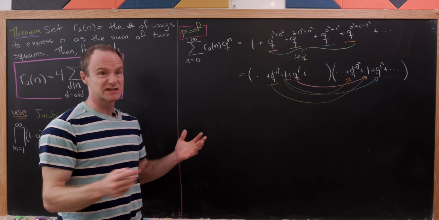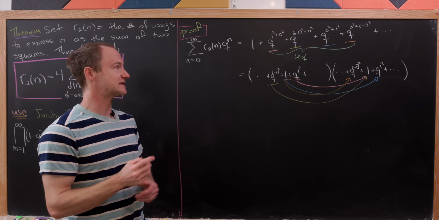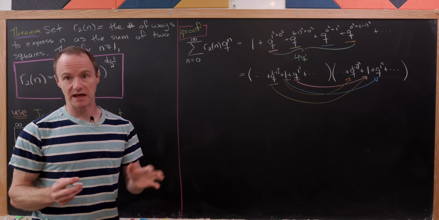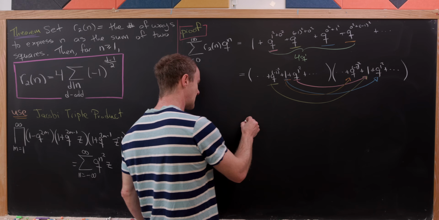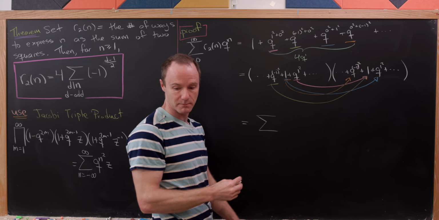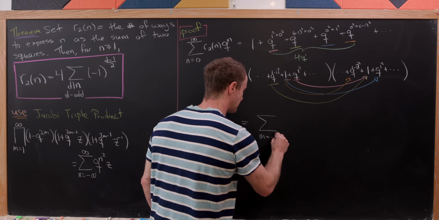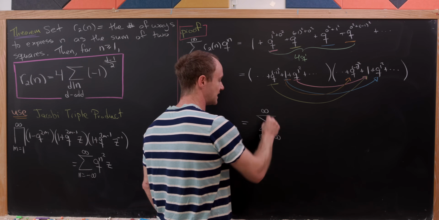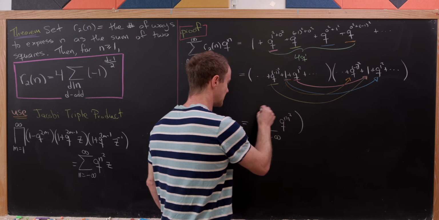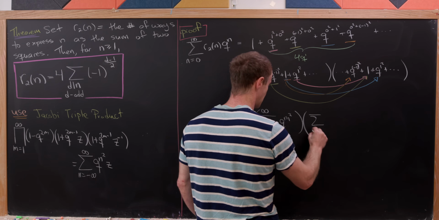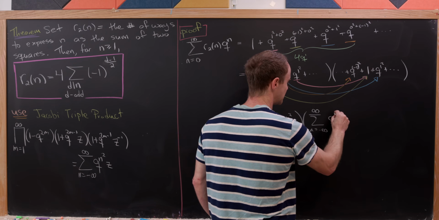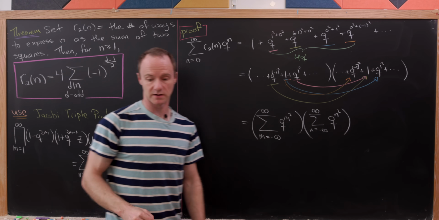And now you can expand this out, and what you'll see is that this is the way to capture all of the ways to write n as a sum of squares. In fact, we can package both of these together into the sum as m goes from minus infinity to infinity of q to the m squared, times the sum as n goes from minus infinity to infinity of q to the n squared.